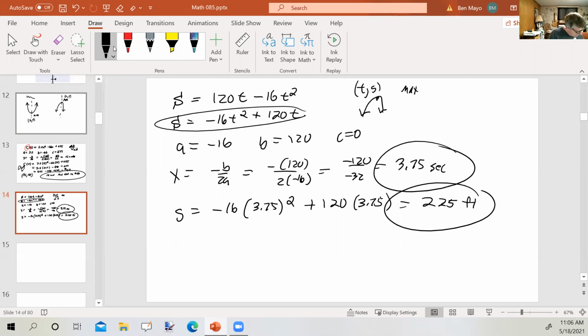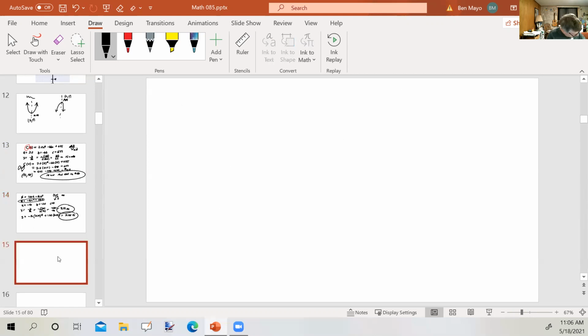Okay, let's see here. This says projectiles. A ball is thrown straight upward from the top of a building, okay? With an initial velocity of 32 feet per second.